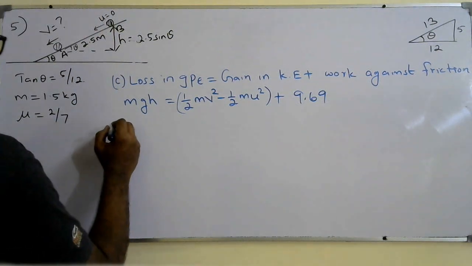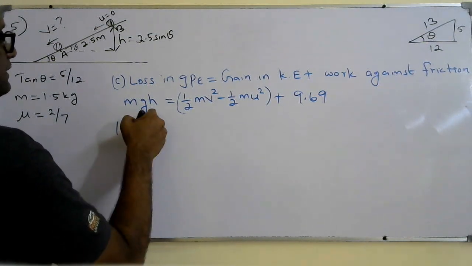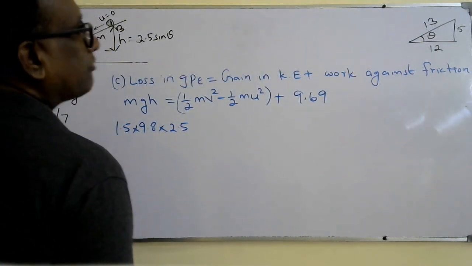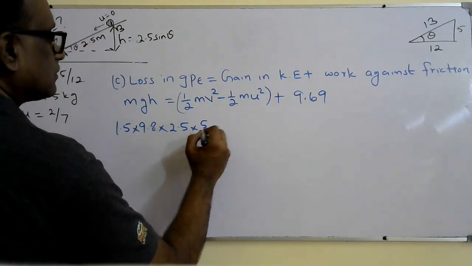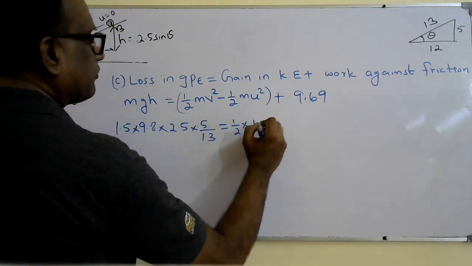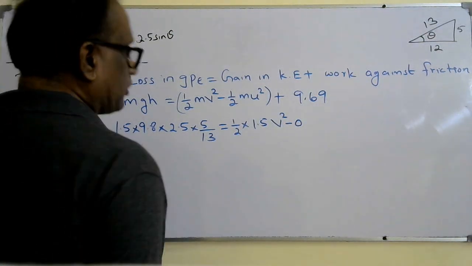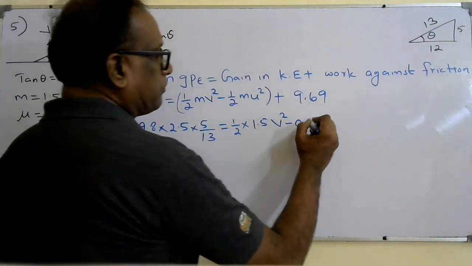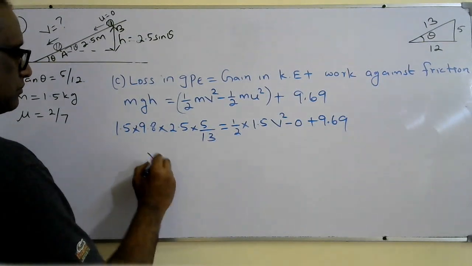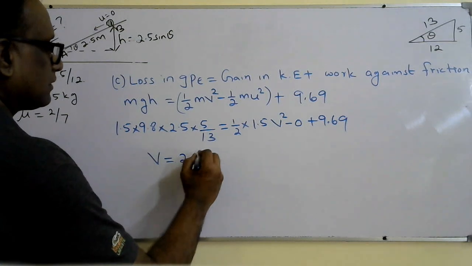So m is 1.5, g is 9.8, h is 2.5 sine theta, 5 over 30, equals half times 1.5 times v squared minus 0 plus 9.69. Solve it and find v. That's the speed at A when it returns: 2.43 meters per second.